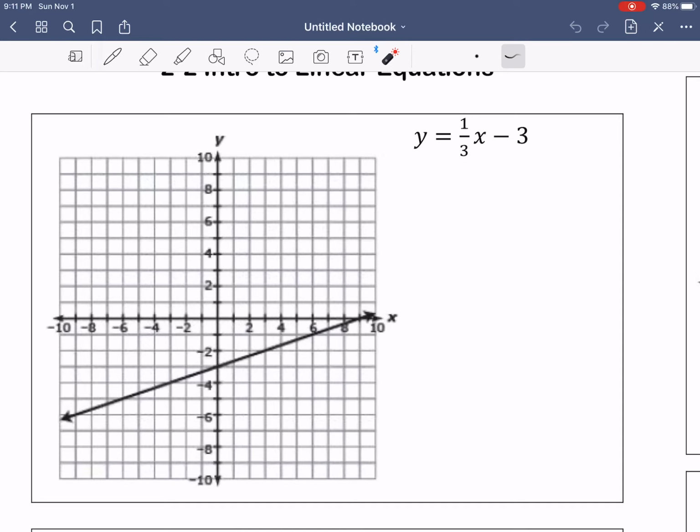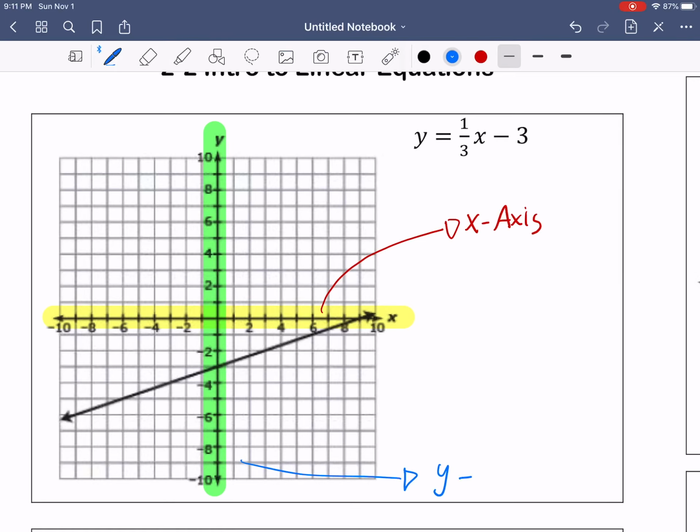First of all, this line, this grid, is something that we use as a domain. This is what we call the x-axis, which means this axis represents x, and this one we call the y-axis.